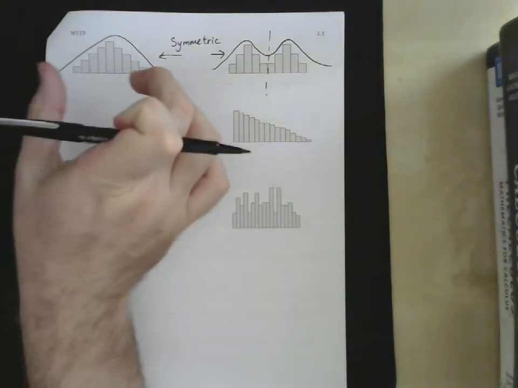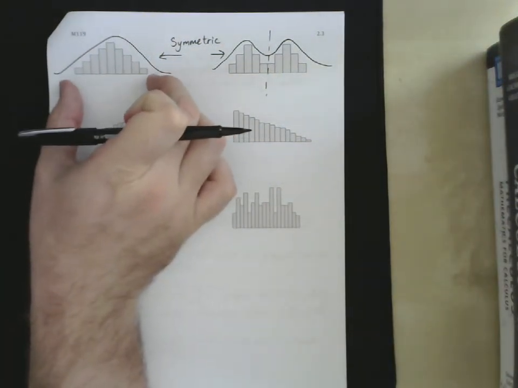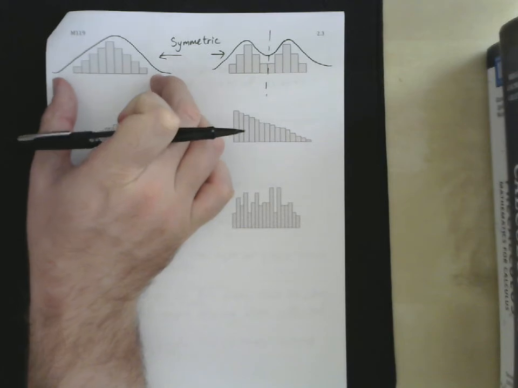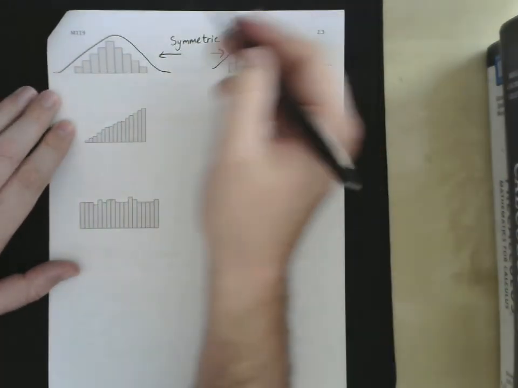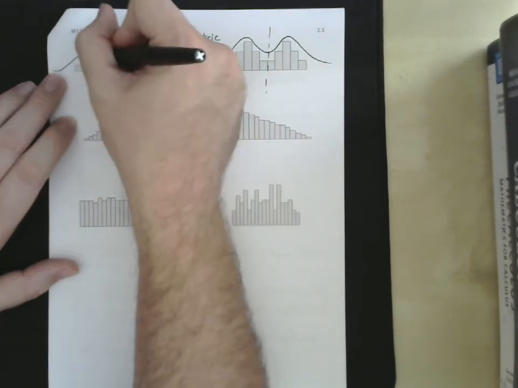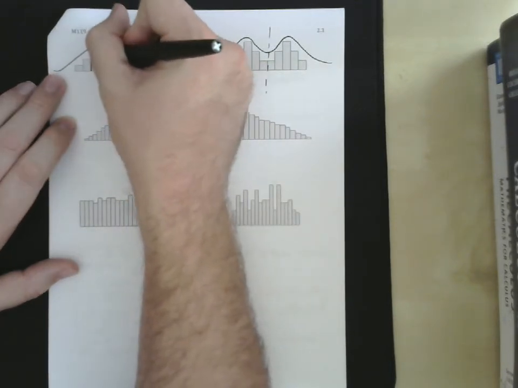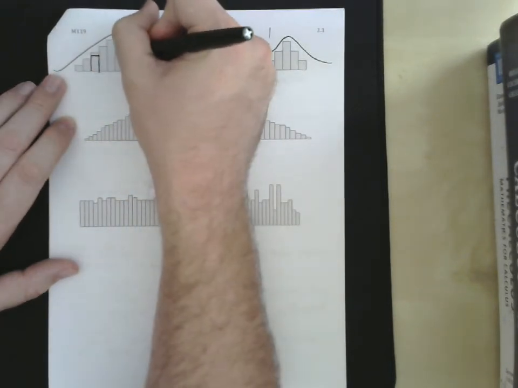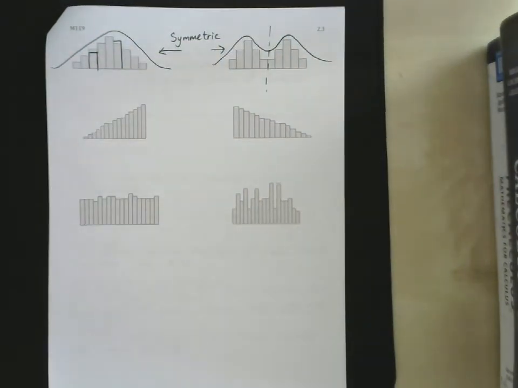Now the examples I've taken here are perfect symmetric data, but you're not necessarily always going to have perfectly symmetric data. If your bar here is this high instead, and this bar is this high instead, that's still relatively symmetric. It's just an overall shape that we're looking at.